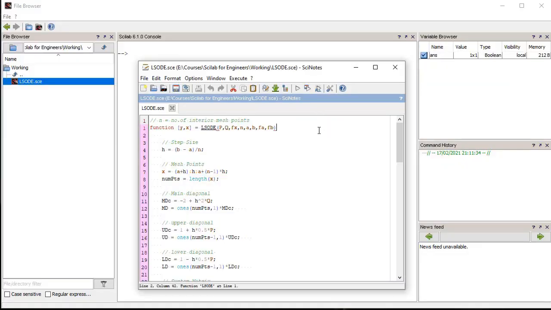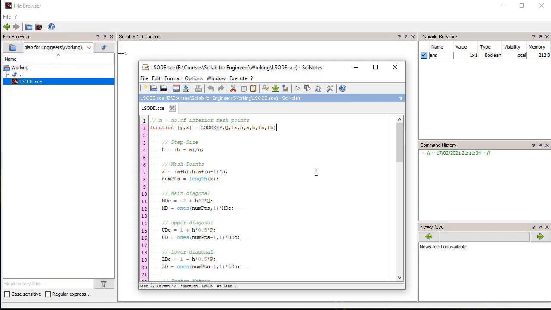Here, we define a function named LSODE, with input arguments which define the finite difference equation. P, Q, and Fx are the terms which define the diagonals of the matrix A. Arguments A and B define the domain interval, and Fa, Fb are the solution values at the boundary.